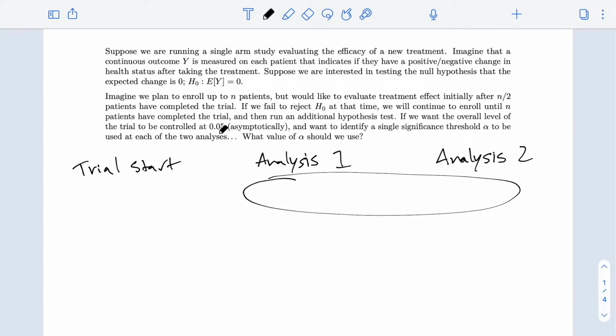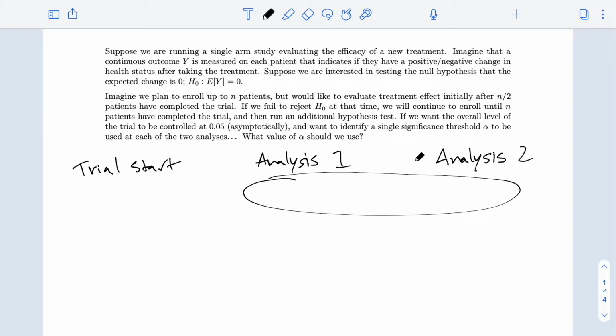And to ensure this, we're going to have to use a significance threshold when looking at the p-values at each of these two analyses that is more stringent than 0.05. For example, if we try to use alpha equals 0.05, then the probability of committing a type 1 error at only the first analysis would be 5%, and we would accumulate additional probability of committing a type 1 error by running the second analysis.